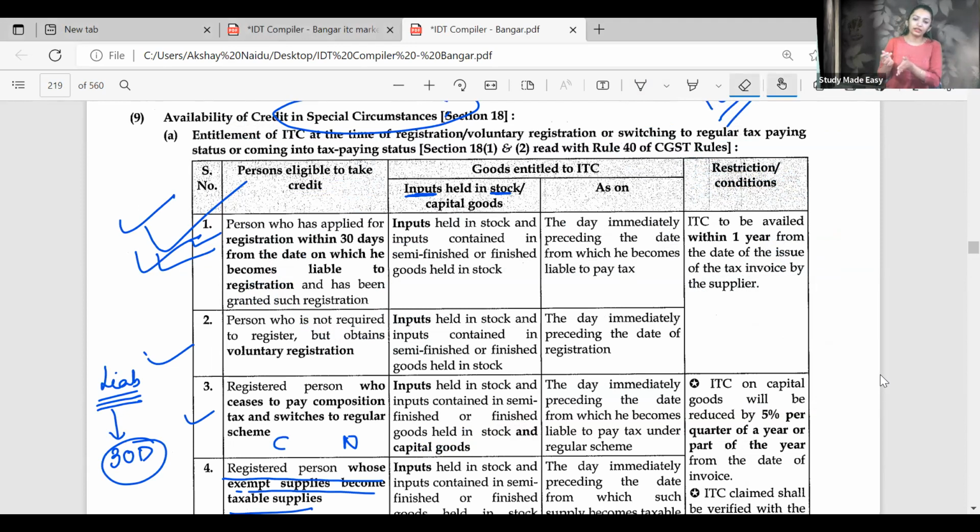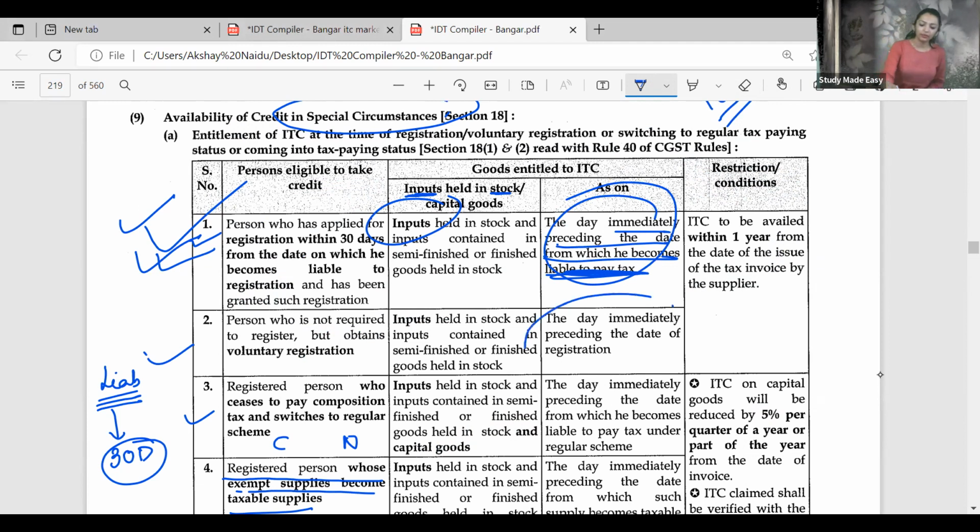We have done the ITC when you are now eligible for ITC. So when it is input immediately preceding the date from which you became liable to tax, the date you are liable for registration, whatever input you are having in your hand before that, give us the details and you are eligible for ITC. Then again, immediately preceding the date of registration, what is the difference between these two points?